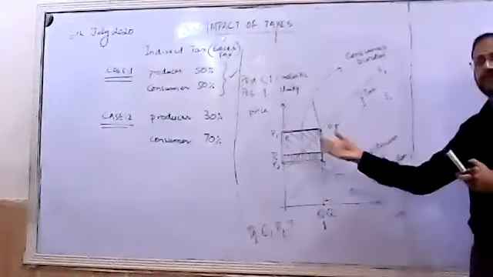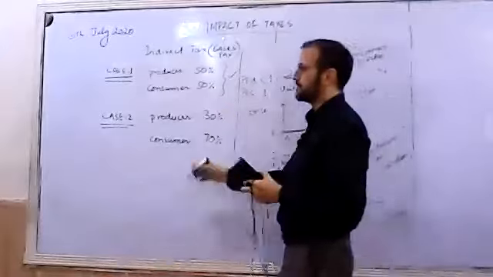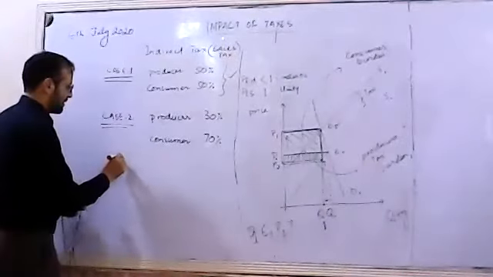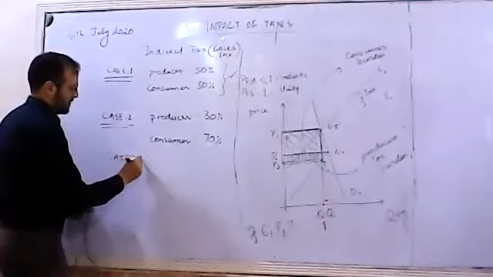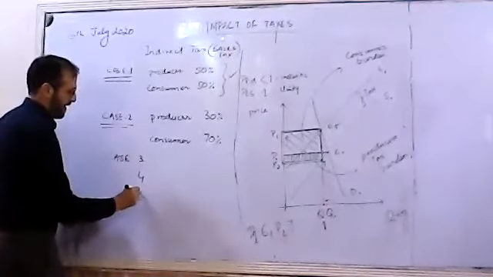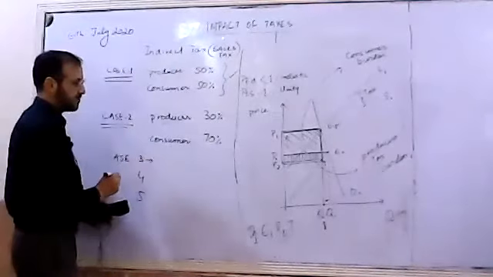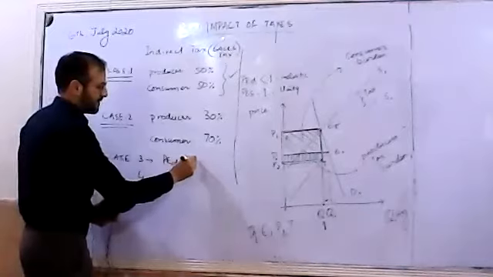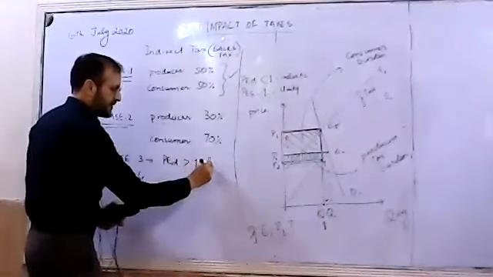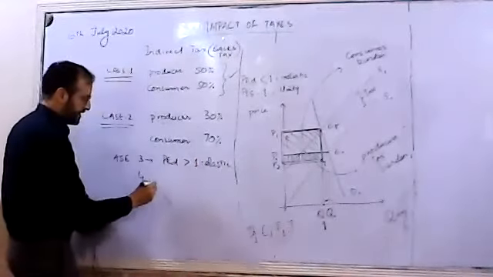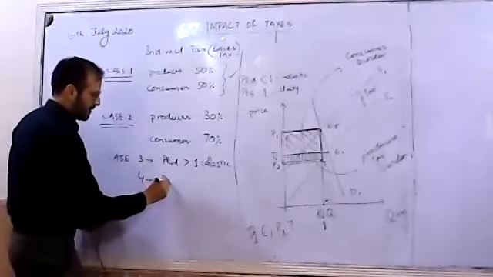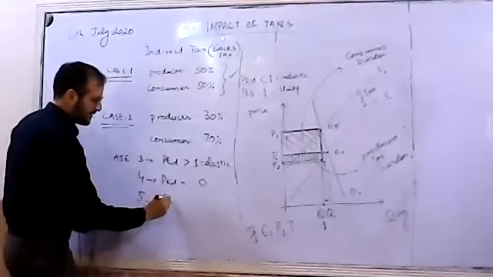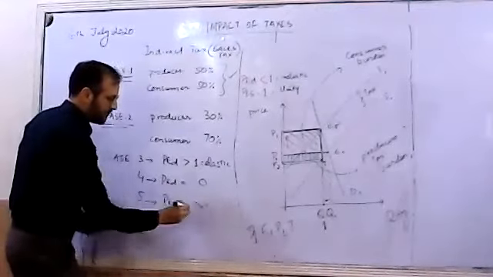We can take many more cases. This is only case 1 and 2, which we have derived. If we try this with cases 3, 4, and 5: case 3 is when the price elasticity of demand is greater than 1, which means it is elastic. Then, suppose the price elasticity of demand is equal to 0, and last is when the price elasticity of demand is equal to infinity.